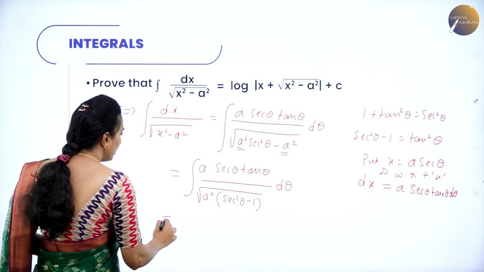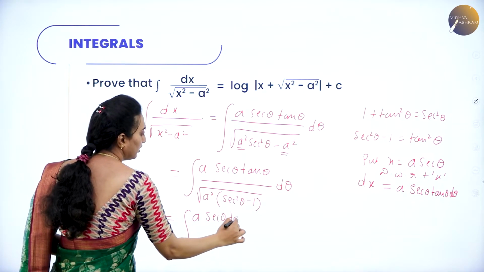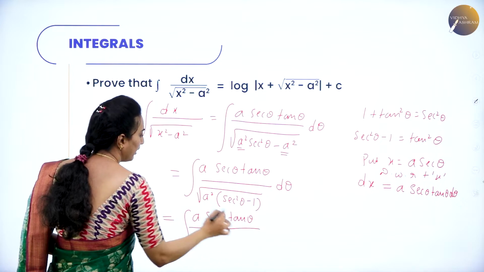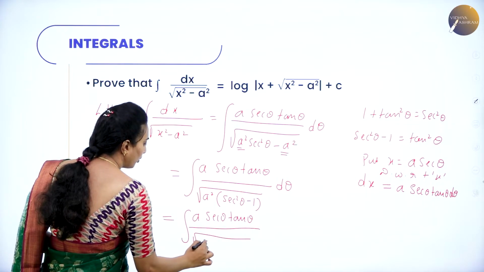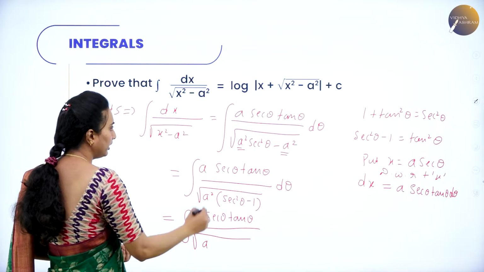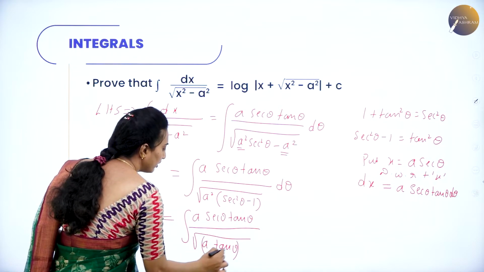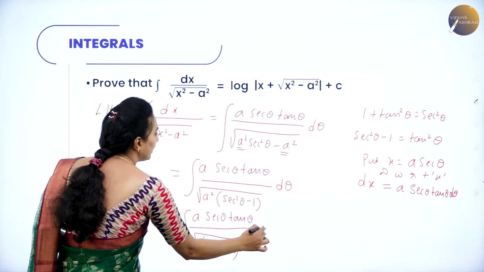Now dear students, you can write this one as a secant theta into tan theta divided by under root of a squared times secant squared theta minus 1, which is nothing but tan squared theta. Therefore, a tan theta whole squared. Now dears, the root will get cancelled.